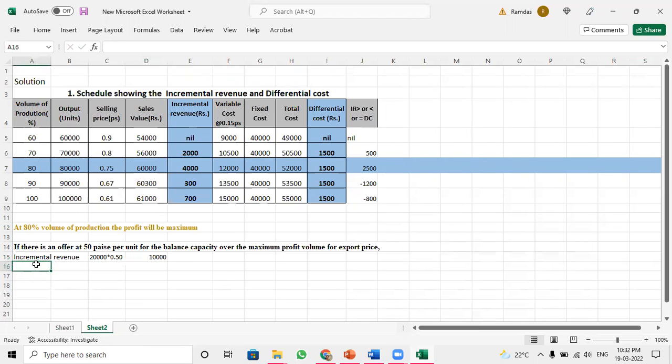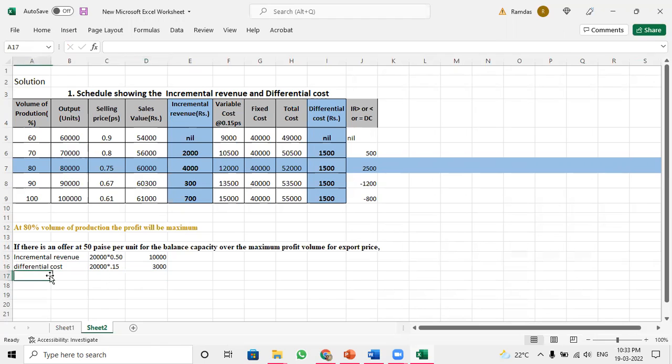And now coming to the differential cost. The differential cost would be 0.15. That is your variable cost. Your fixed cost anyway remains the same. So what would be the differential cost? 20,000 into 0.15 is the cost that would be varying. So that amounts to 3,000 rupees.